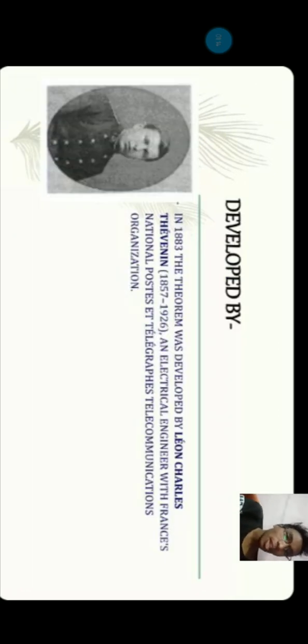Thevenin's theorem states that any linear circuit containing several voltage sources and resistors can be replaced by just a single voltage source in series with a single resistance connected across the load. Who developed this theorem? He was born in 1883.